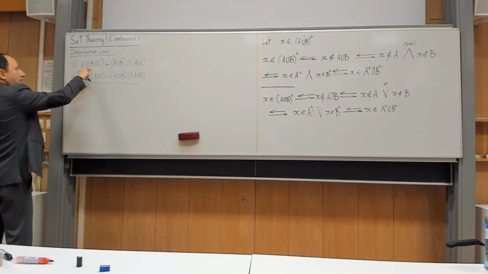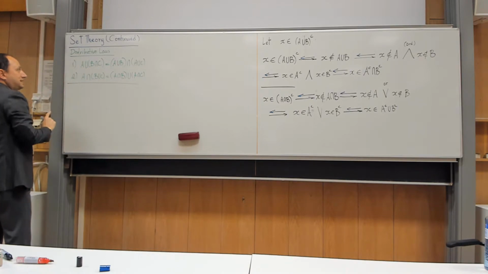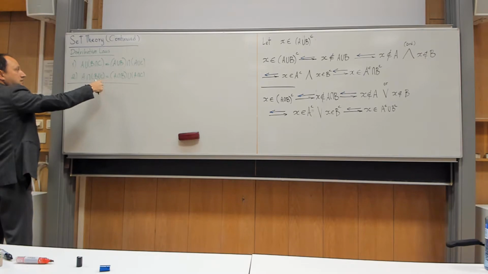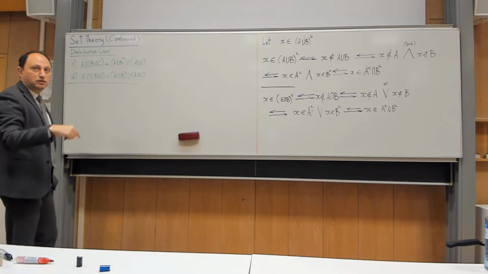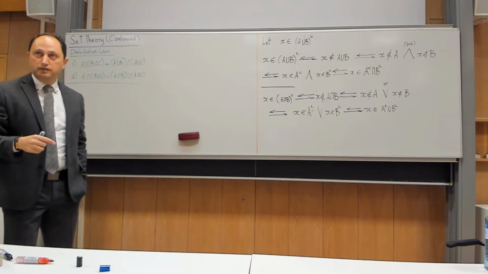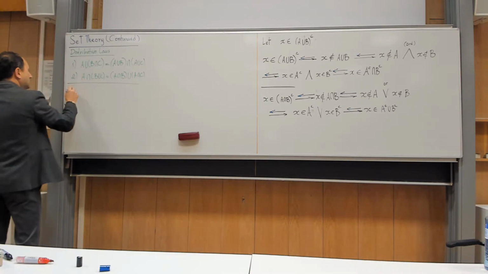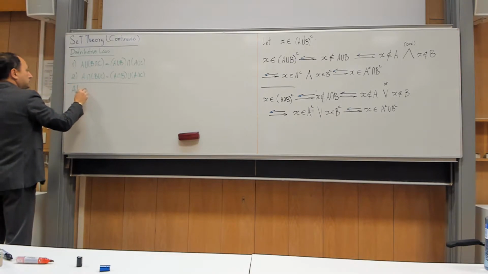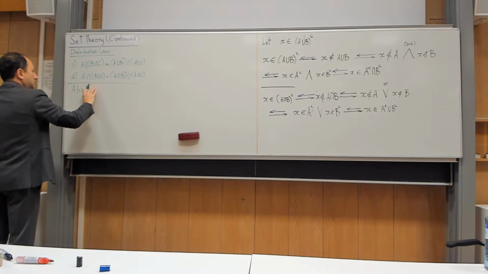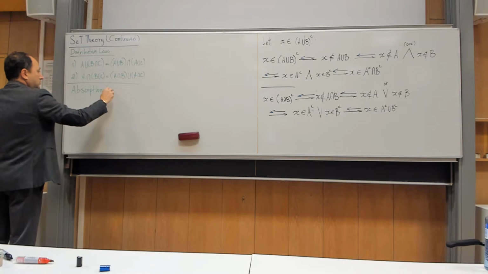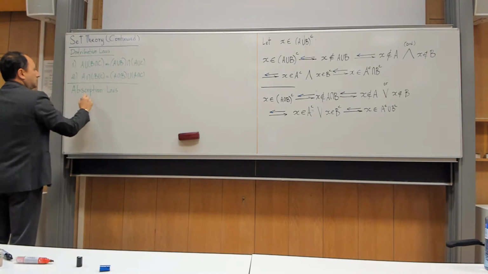And then I told you that there is something you need to be careful about. If you have this situation where one set is repeated exactly, and you want to distribute, it is not wrong, but it goes to a circular argument. It returns back to itself. In that case, we need to use the absorption laws. What are they?